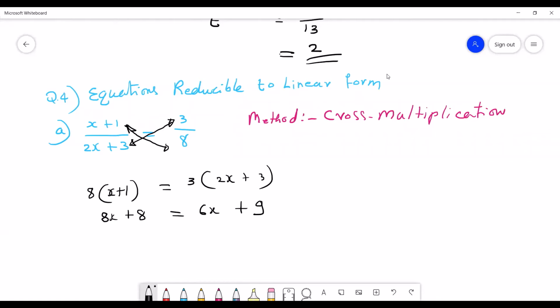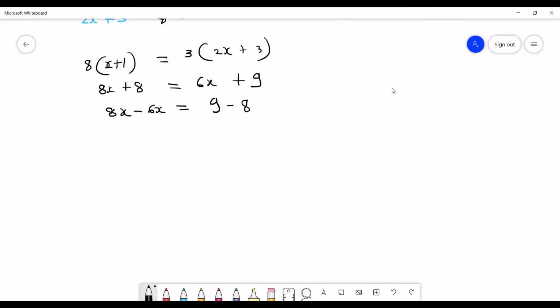So 8x is there in left hand side already. Transpose this 6x from RHS to the LHS, and 9 is there already in RHS, and transpose 8 to the RHS. When it comes to the right hand side, it will become minus. 8 minus 6 is 2.